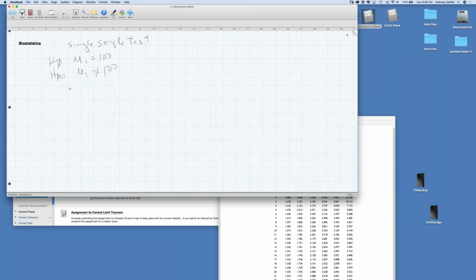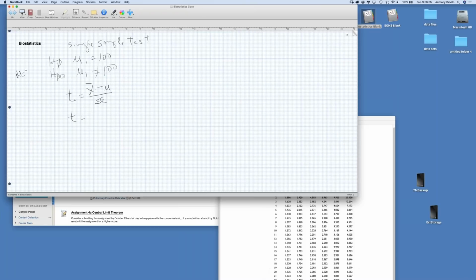Well, we calculate a t-score, and t is going to be equal to X bar minus the known mean, which is 100, over the standard error. And where do we get this from? X bar is the sample mean from the sample that we took.